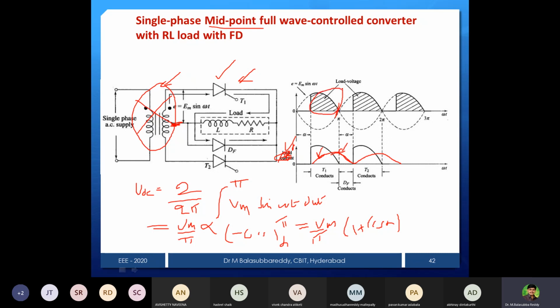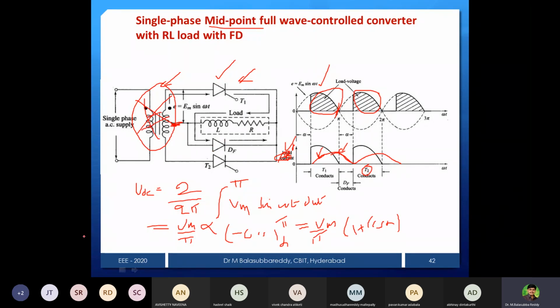Whereas in the bridge type, two devices are required to get this. Similarly, to get this we require only T2. One device is sufficient, whereas in the bridge type, two devices are required. And the advantage is that we don't require this transformer.